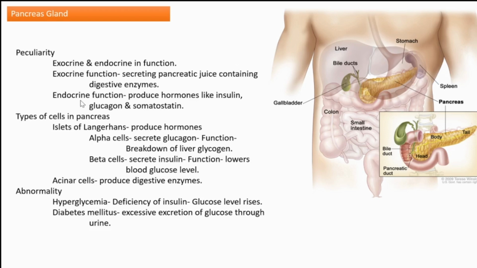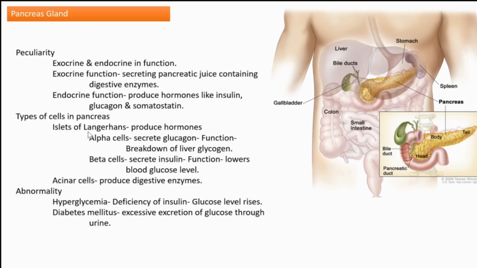Then what about its endocrine function? The production of hormones like insulin, glucagon, somatostatin. These actions come under its endocrine function. Then we need to understand about the types of cells in the pancreas. Different types of cells are present in the pancreas. The main types are islets of Langerhans and acinar cells.